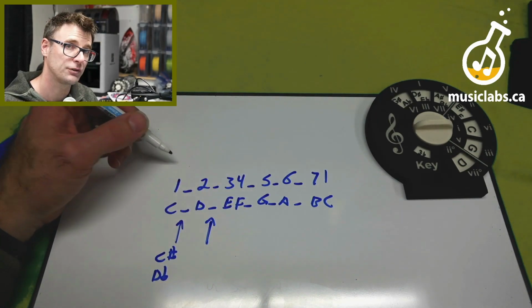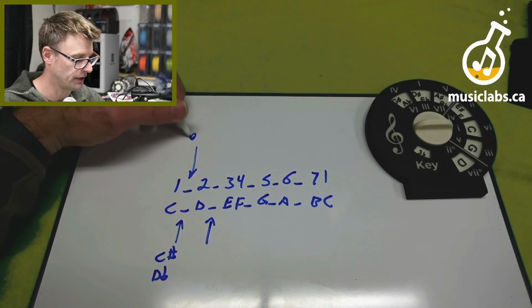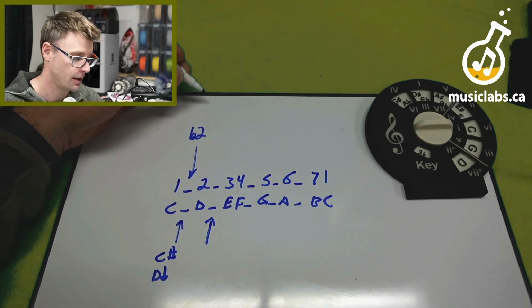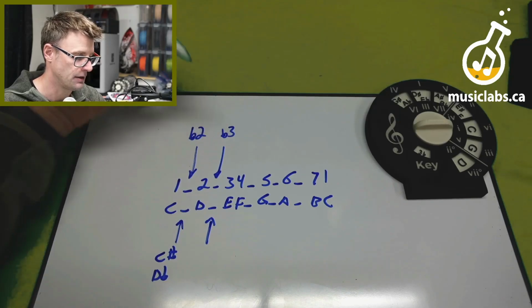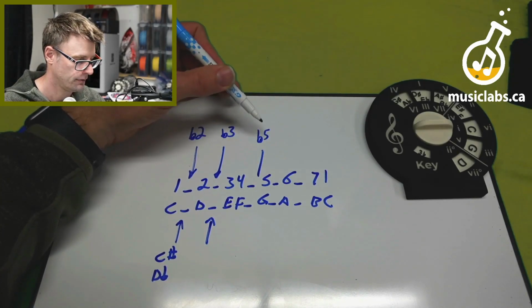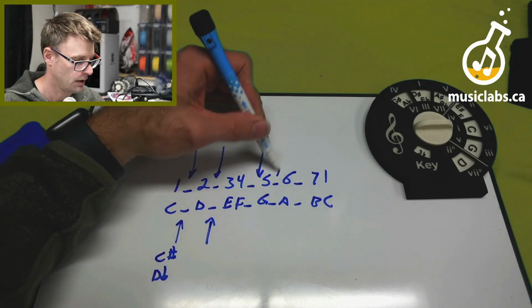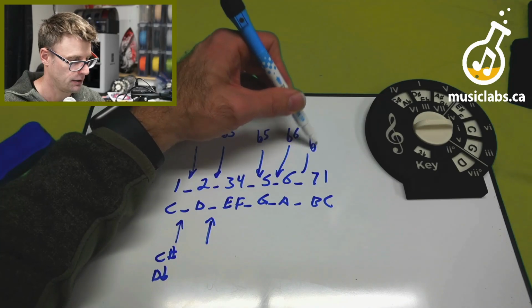The same goes true for the scale interval numbers. In between 1 and 2, we call this a flat 2, or we call this a flat 3. That would be a flat 5. And of course, this is a flat 6, and so on. We have a flat 7.